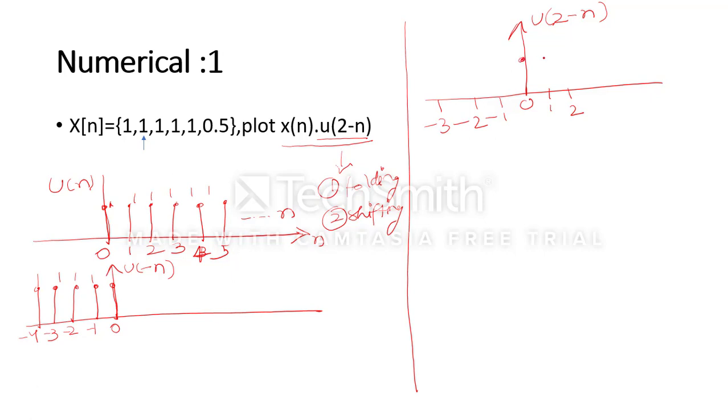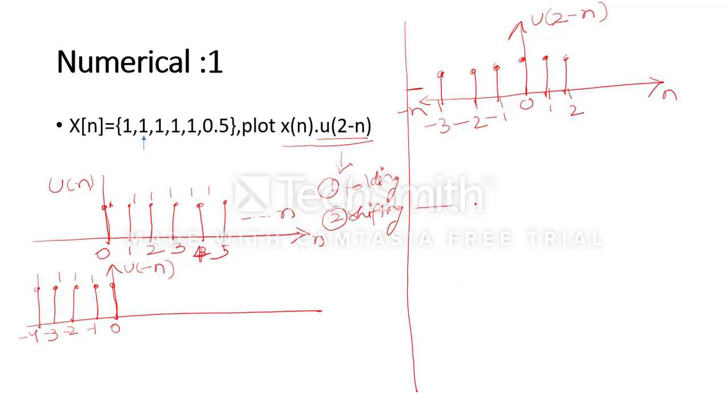Here the sample, here the sample. It is going up to minus n. This is n.